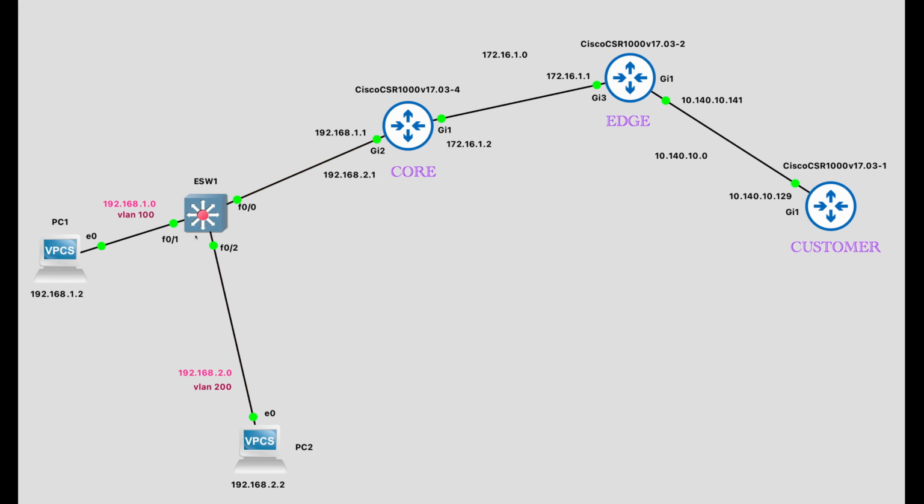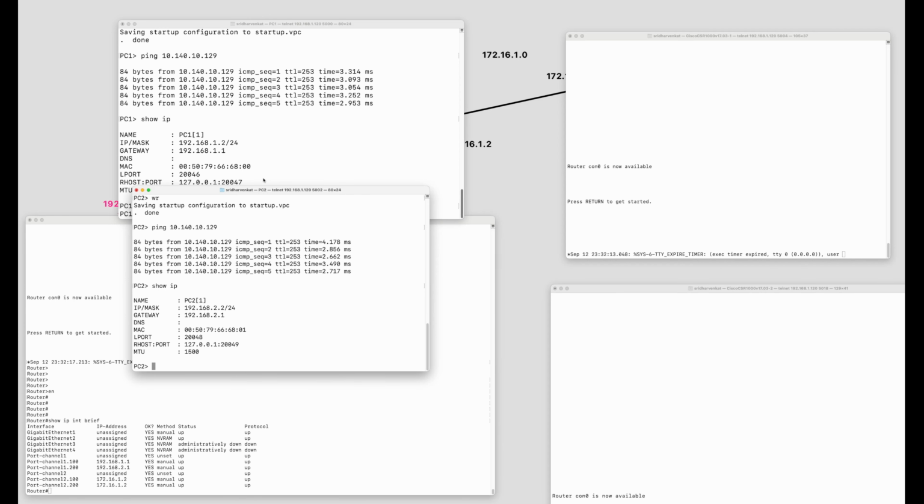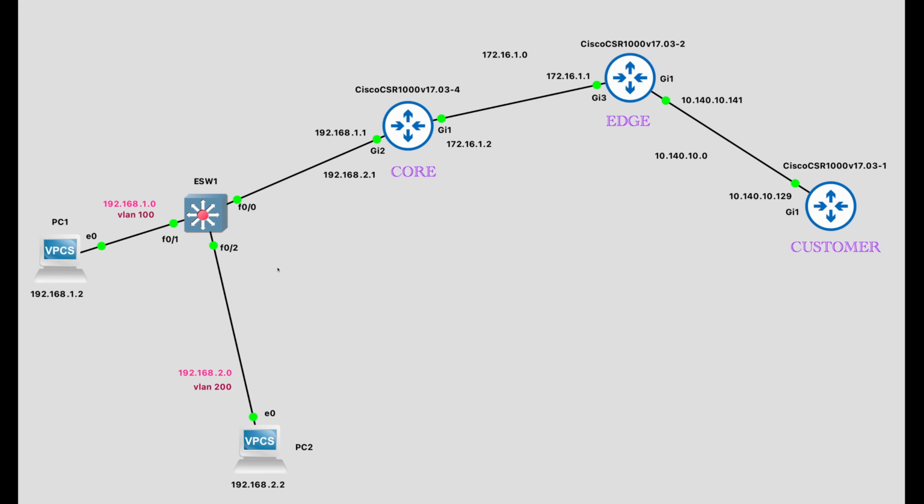But here is a switch in between, and let's look at the configuration in the switch. I think I don't have that open. Let me create one.